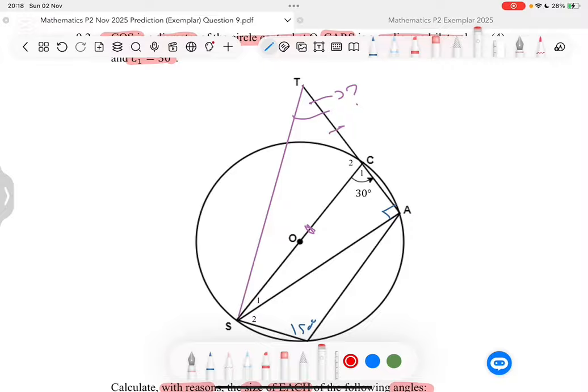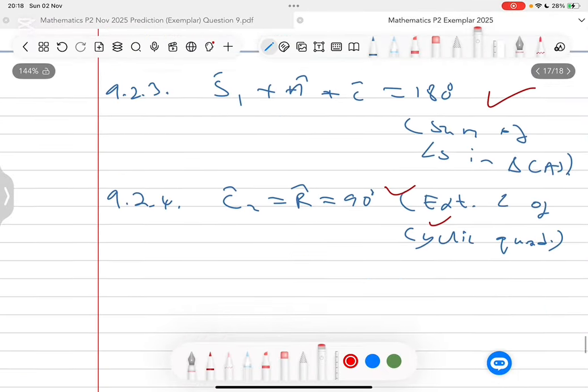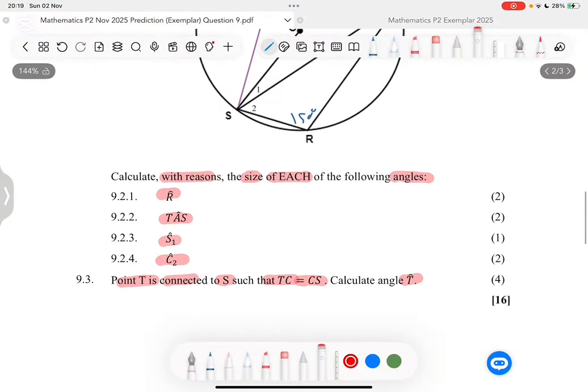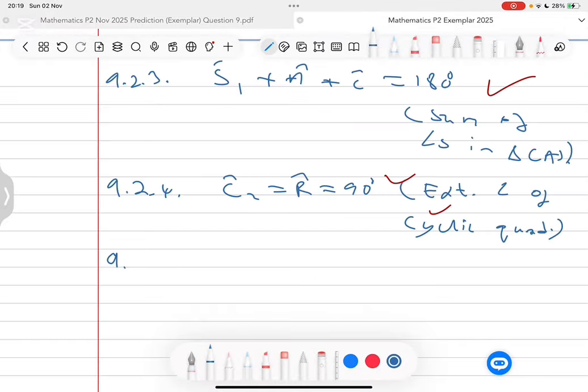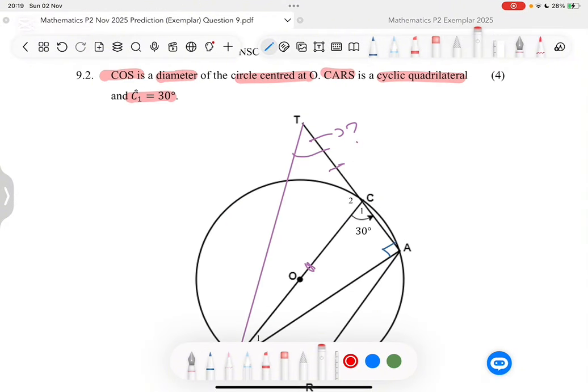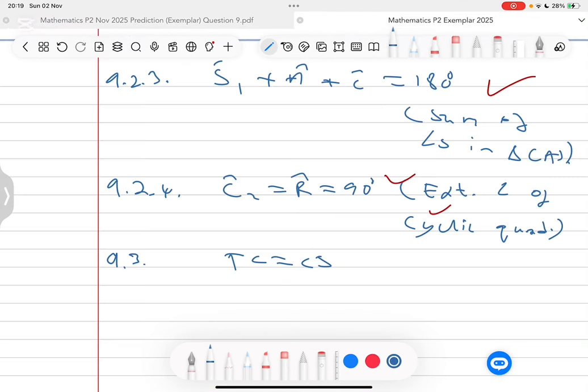But the first thing that I'm going to do is that I want to argue properly here, or to share with you how to argue in a top tier way. So we're going to have 9.3. I'm going to say here that TC is equal to CS. So I'm saying this length is the same as that length. Why? How do I know that? Well, it is what I'm told in the question, so I'm given.